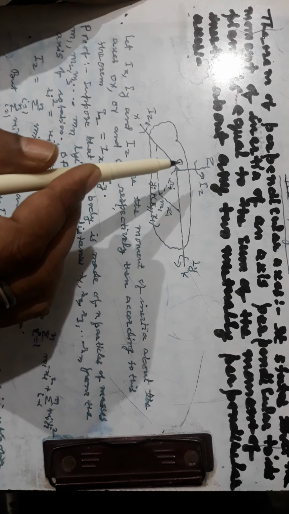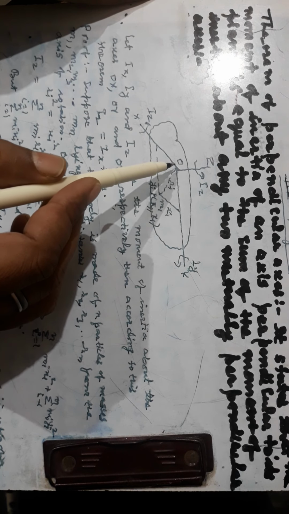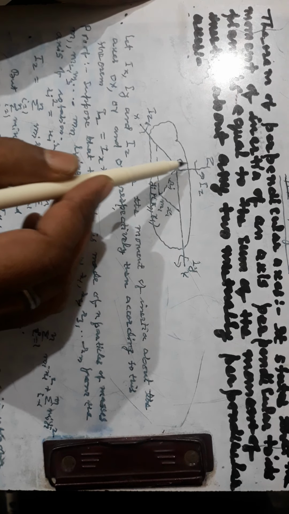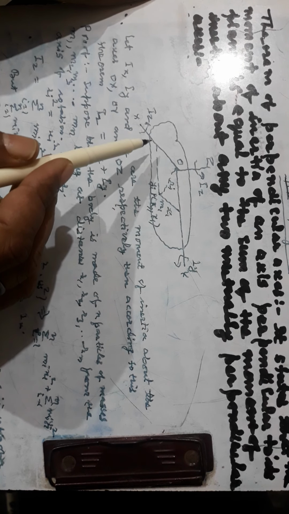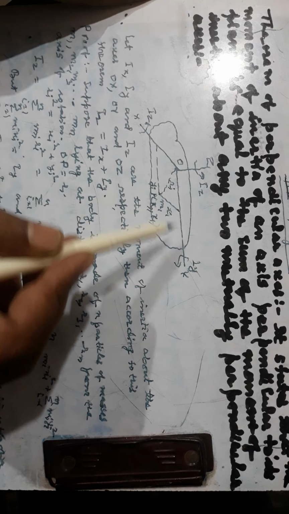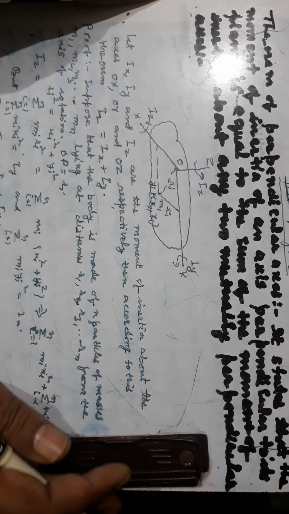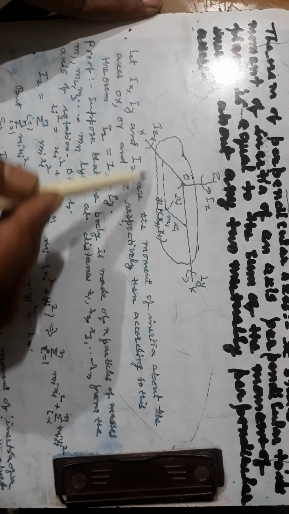It means, suppose we are taking the Iz axis. The moment of inertia about the Z axis will be equal to the moment of inertia about the other two axes. Here I simply roughly draw the diagram. Here I have drawn this figure.